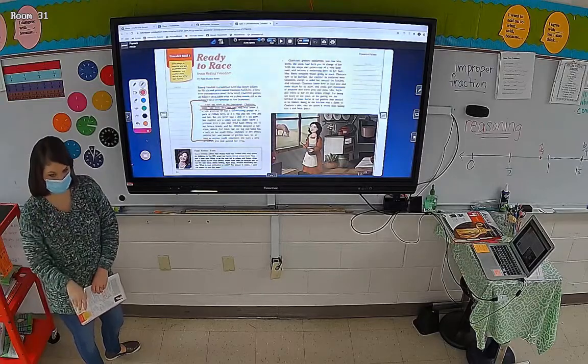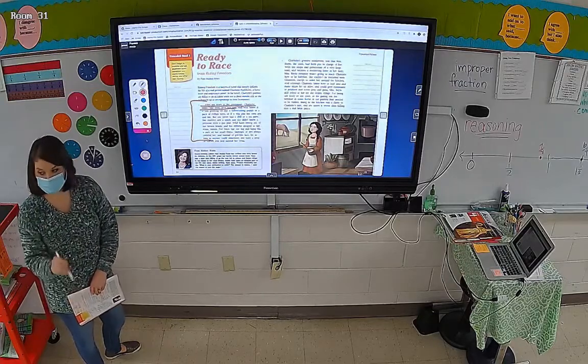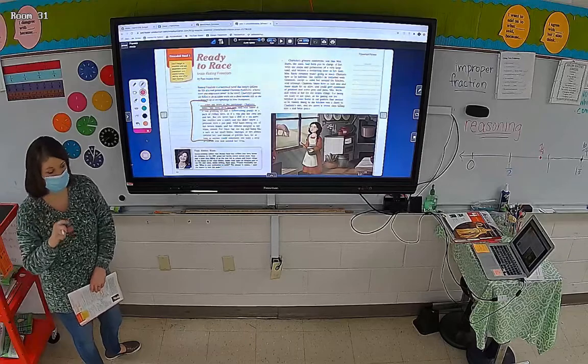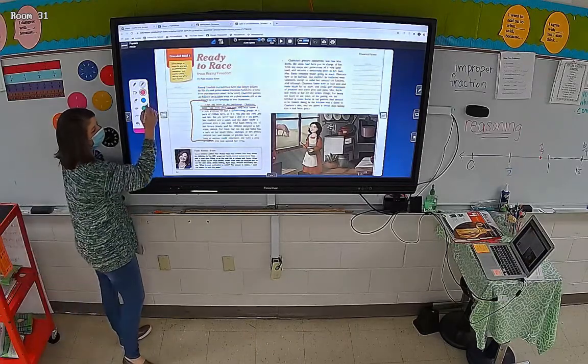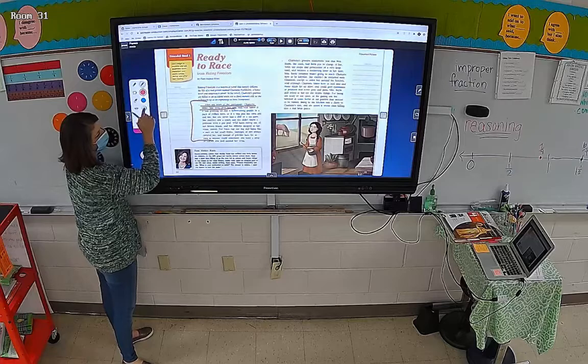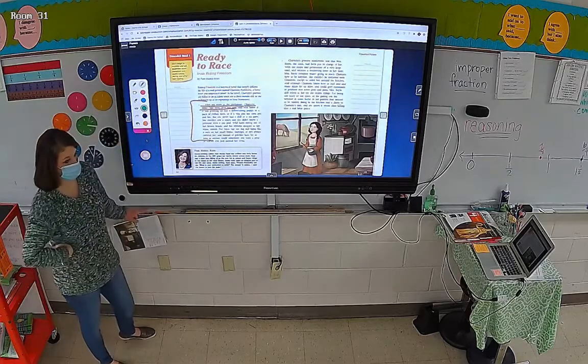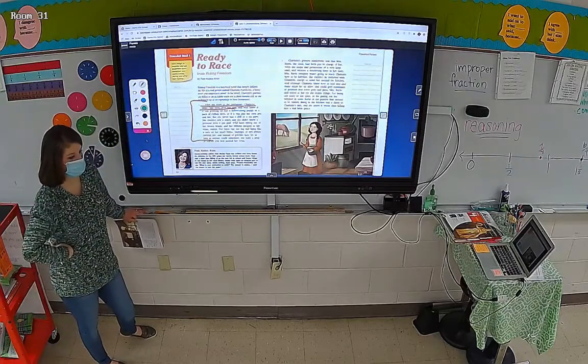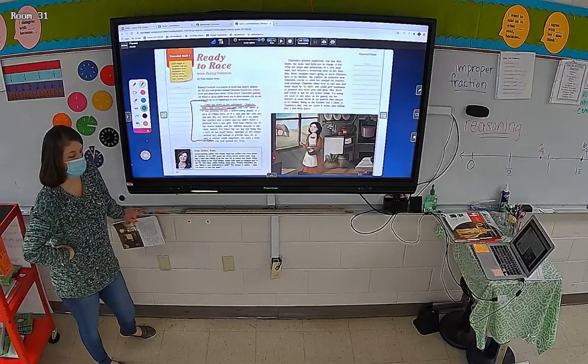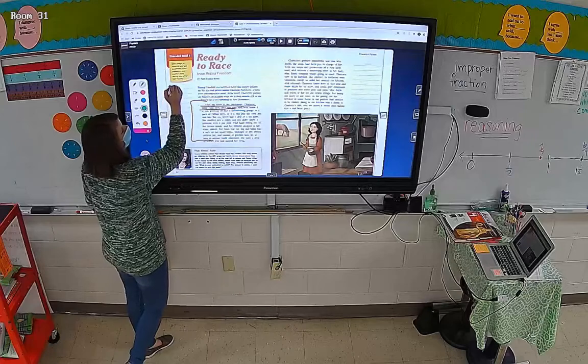But do we need all those other details? No, because for a summary, remember, you want to keep it real short. So how could I write it pretty short what that paragraph was about? How can we write it a little shorter? Marissa? Paragraph 1 is about how Charlotte is not like most girls her age. Okay.